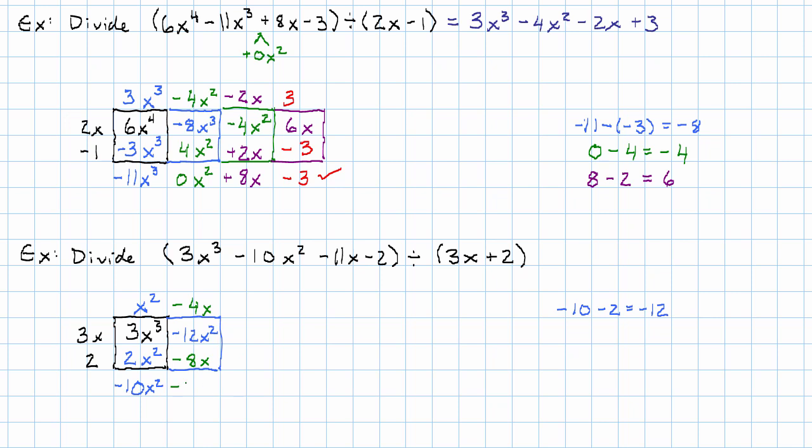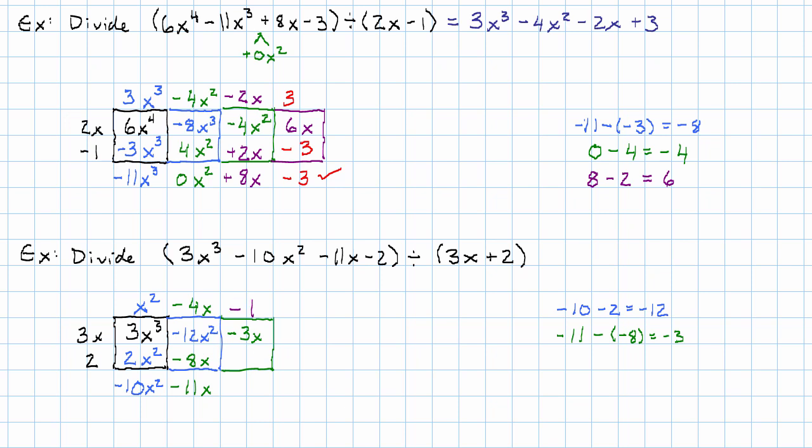Negative 4x times negative 2 is negative 8x. For our x term, we want to have negative 11x. So we're thinking negative 11 minus negative 8 equals negative 3. Here we'll have a negative 3x. And finally, 3x times what gives me negative 3x?